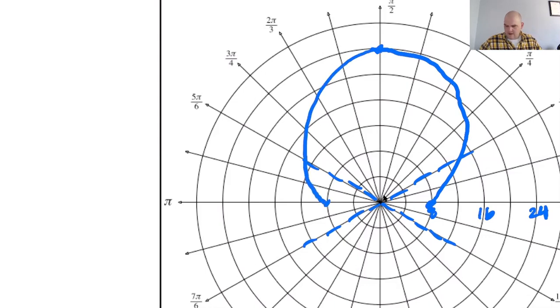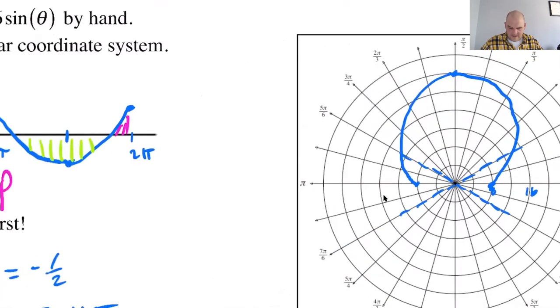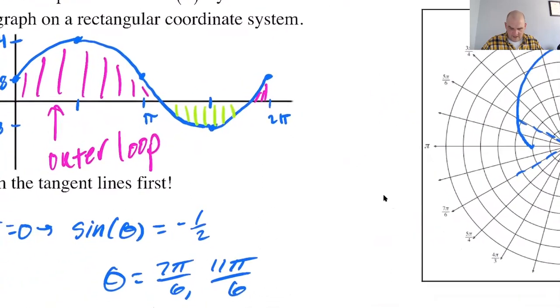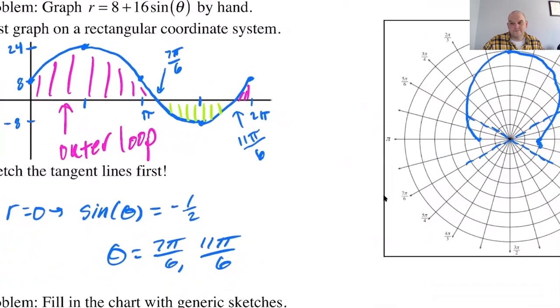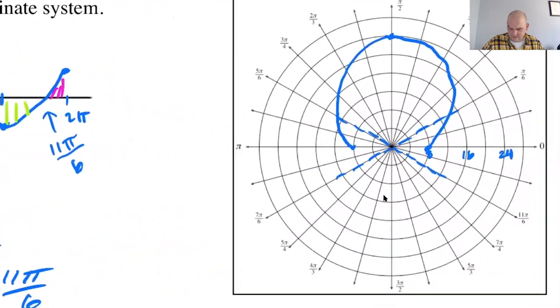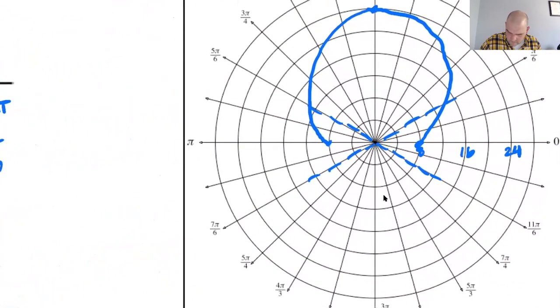And by the time I get to 7 pi over 6, r needs to be 0, because this is 7 pi over 6, and we're going to stay until 11 pi over 6. So by the time I get to this tangent line, I've got to be at 0. So just curl into the origin.